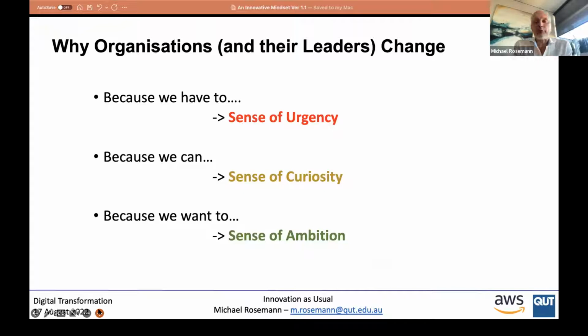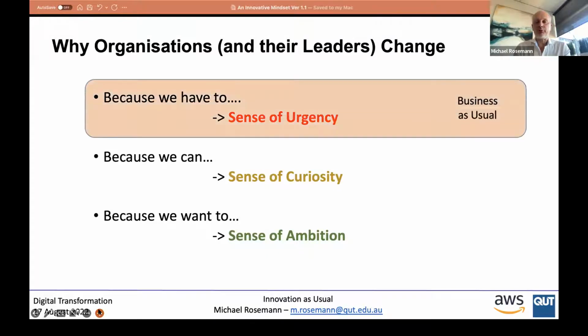And what we've learned, no matter where we are, as a private or public sector organization, as a leader or team manager, is that there are three reasons why we change. We have to, we can, or we want to. I will not talk about the first one, we have to change.